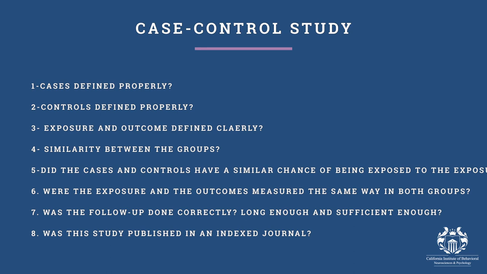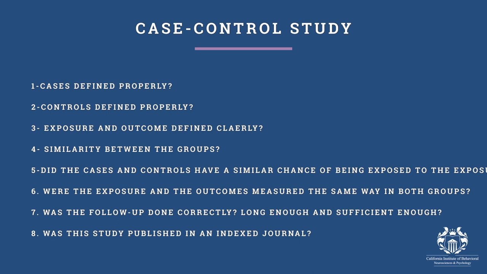Were the exposure and the outcomes measured the same way in both groups, or were there differences? Yes would be a good study. Was the follow-up done correctly, long enough, and sufficient enough? Exactly the same question. Was the study published in an indexed journal like Web of Science or PubMed Central Medline? So these are the 8 questions for case control studies, and these are the same 8 questions for cohort studies.